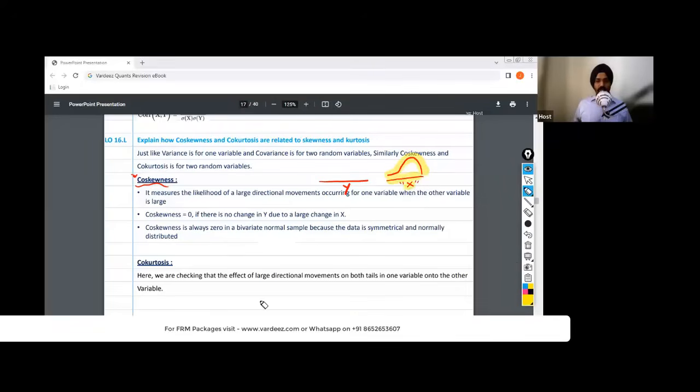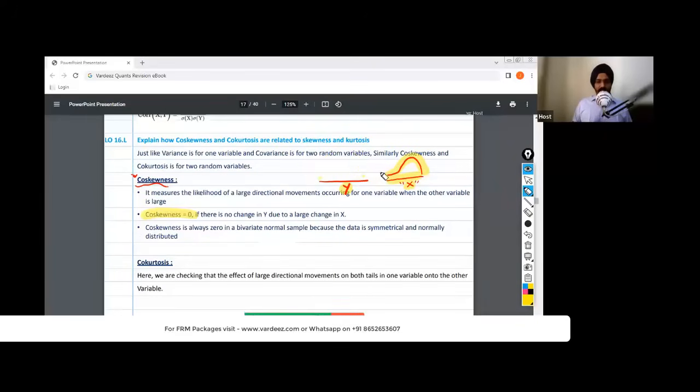The X variable is skewed. Now, let's see the effect on Y. Is this also skewed, or is it not skewed? If there is no change in Y, then we say that the co-skewness is 0.